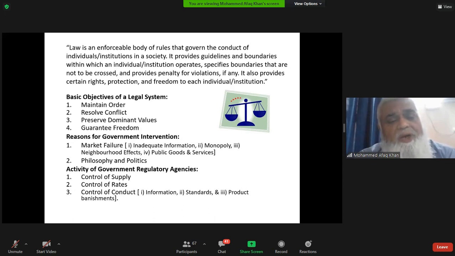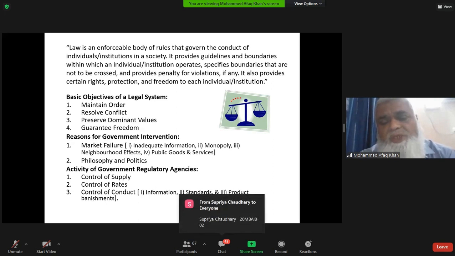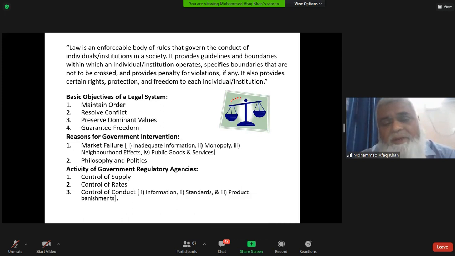So rules basically serve as a means of resolving conflict. If a conflict arises, they would approach a court of law, and the court will decide on the basis of the rules or clauses which they entered into with mutual consent, and the ruling would be decided on the basis of that particular contract.